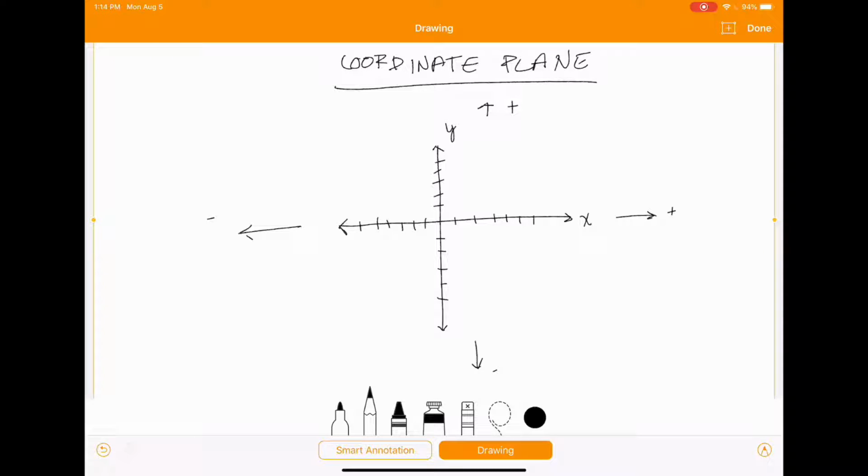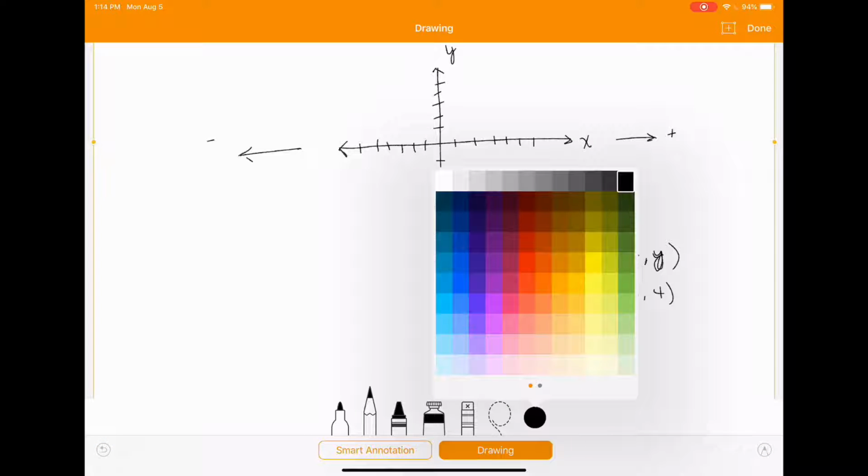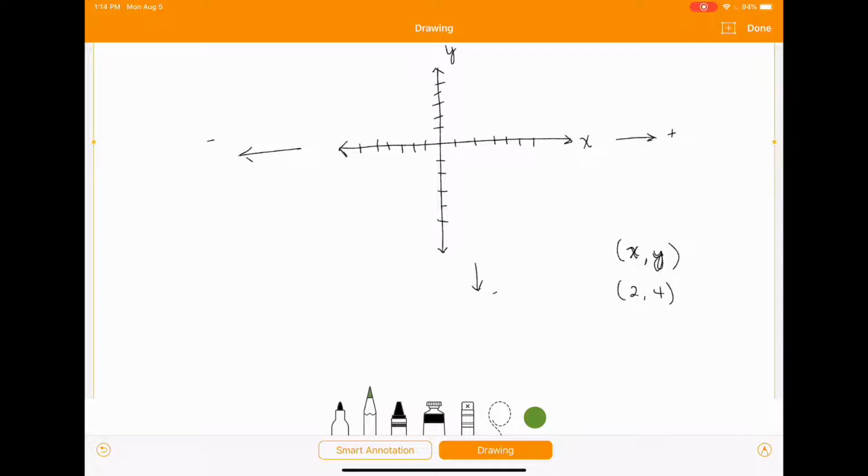And so you can plot points on this. So points are set up, so x, comma, y. And you can remember that because x comes before y in the alphabet. So if you had a point, let's say 2, 4, that you needed to plot on this coordinate plane, you're going to go 2 in the x direction and positive 4 in the y direction.